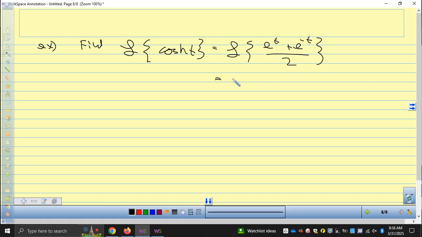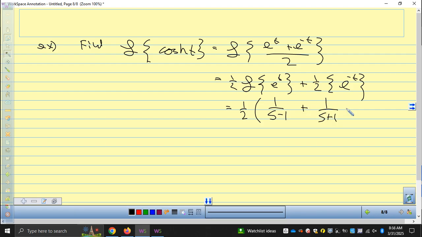So we're going to have 1/2 the Laplace transform of e to the t plus 1/2 the Laplace transform of e to the minus t. Easy. So that's 1/2 times (1 over s minus 1 plus 1 over s plus 1).